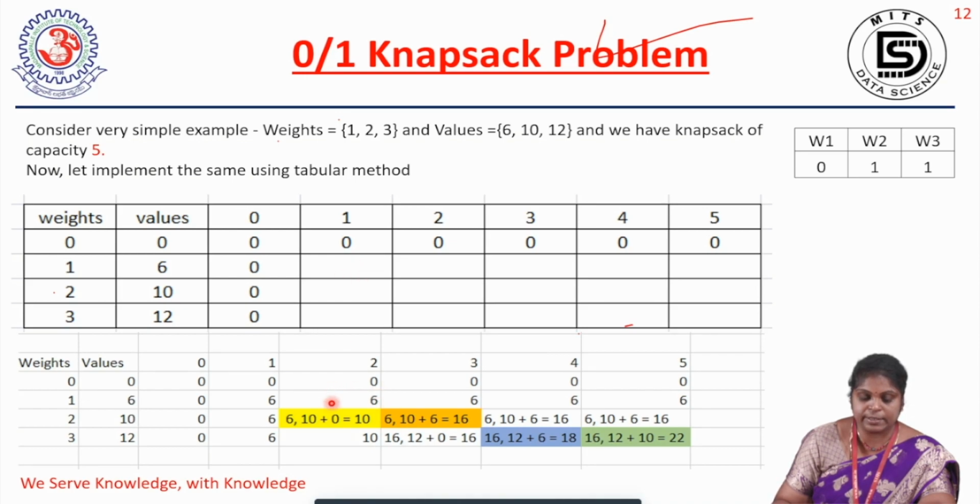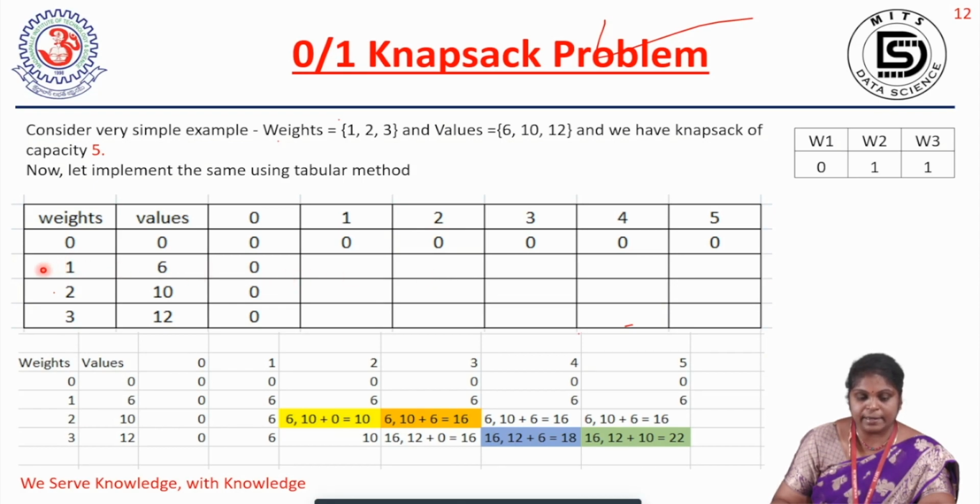You can look at the table below, row 1 column 1 value is 6. Okay, and similarly row 1 column 2. What is the meaning? Row 1 column 2 means I have a bag with 2 kg capacity and an item of 1 kg. I can easily keep a 1 kg item inside a 2 kg bag, so I am earning the profit of 6.